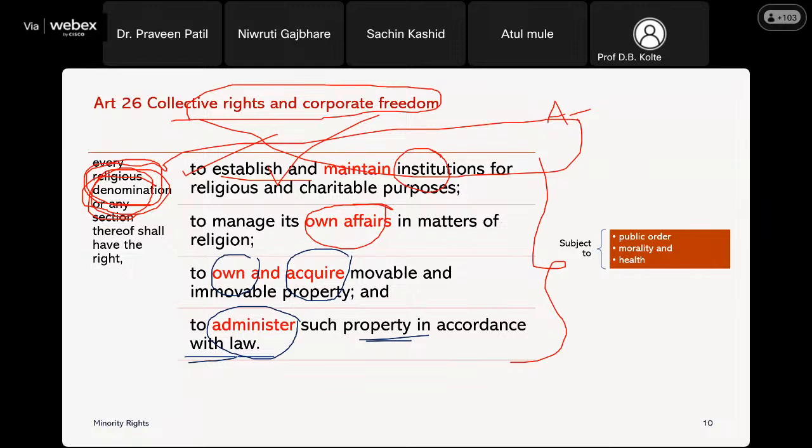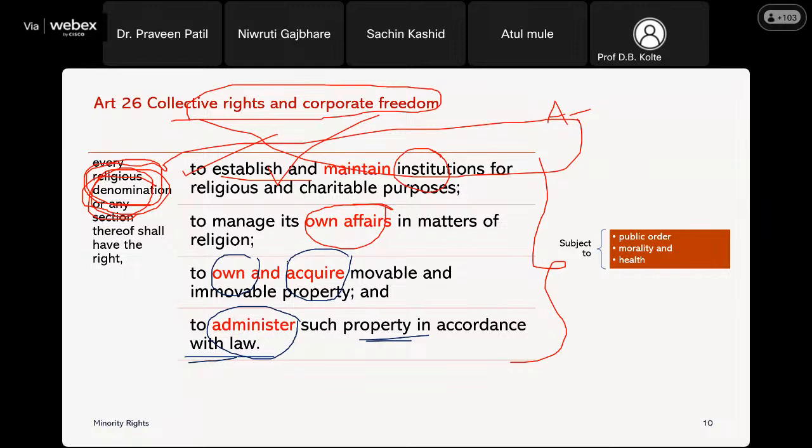But since the talk is in the context of minority rights, let us say that minority rights of religion can be better enjoyed in the presence of Article 25 and Article 26 of the Indian Constitution.